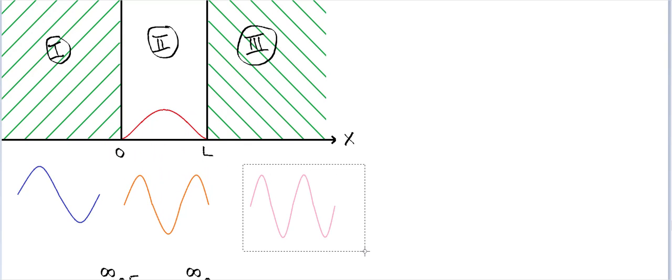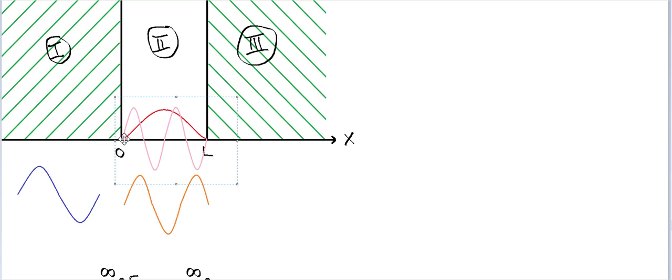Let's finally look at the n equals 4 state. I'm going to stop here because if I do more than this, we're going to run out of space. Again, it goes to 0 at x equals 0 and x equals L, and has 3 nodes in the middle. That's interesting, but perhaps the more physically meaningful thing is psi star psi, the complex conjugate of psi multiplied by psi.